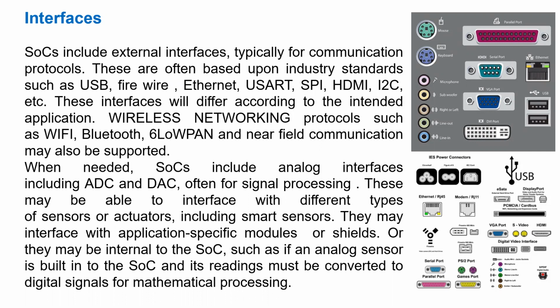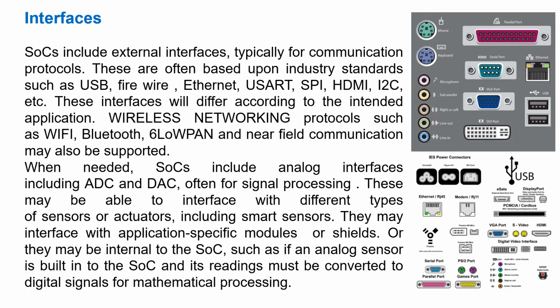Then mathematical processing of such signals is necessary, and for this we need it in digital form. So apart from all communication interfaces, the data converter interfaces are also available on your system on chip, that is the analog to digital converter interface and the digital to analog converter interface.